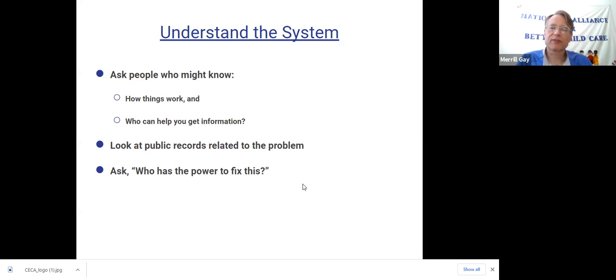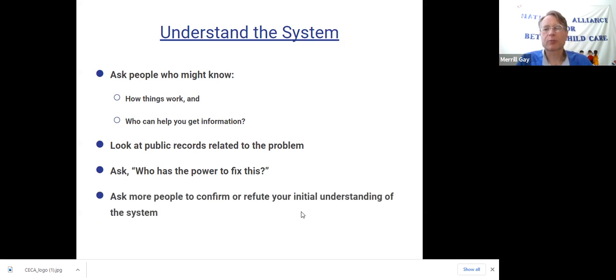And then once you have a theory of, okay, I think I understand how the system works, and I think I know who has the power to fix this problem, then you want to ask some more people and confirm. Because you might think you know the answer, that I need to talk to my school principal to solve this problem, when actually this is something that the Board of Education Policy Committee needs to change a policy on, and the principal doesn't have the power to change this.